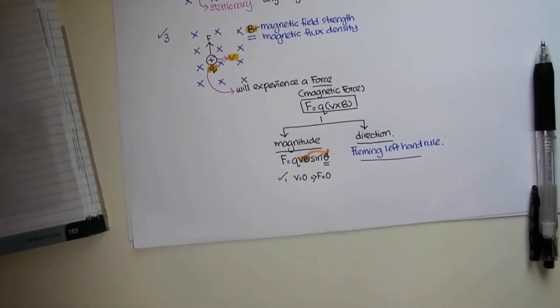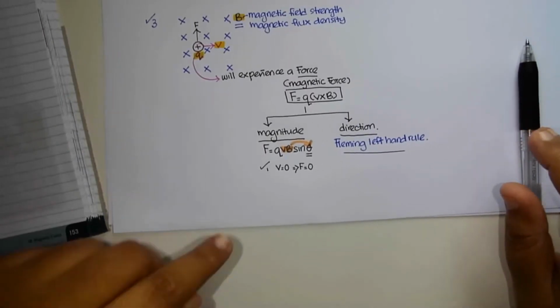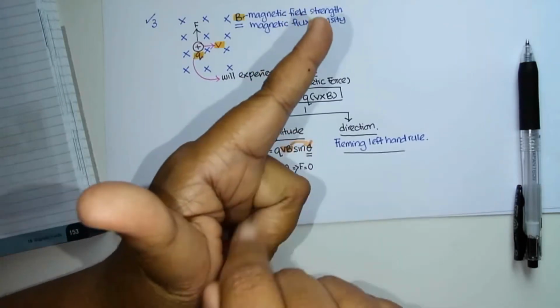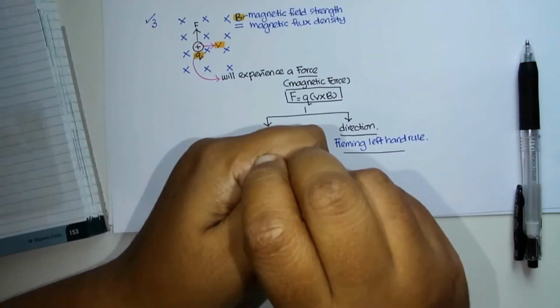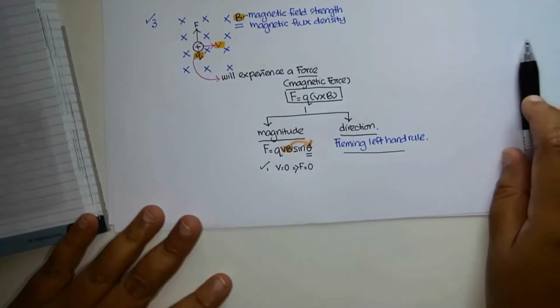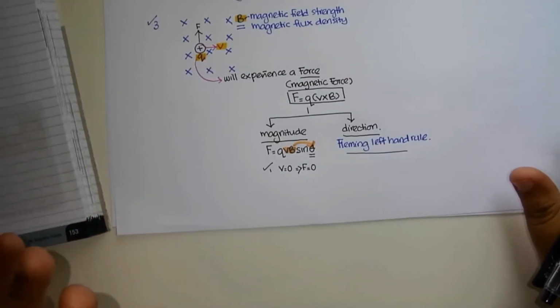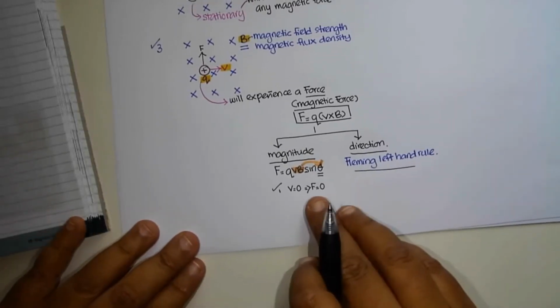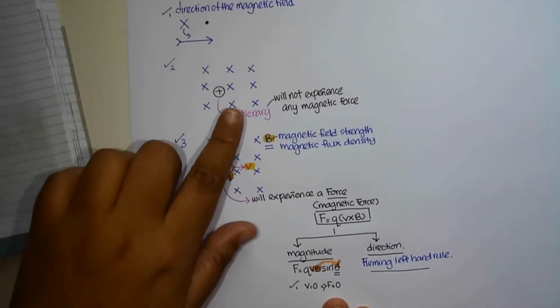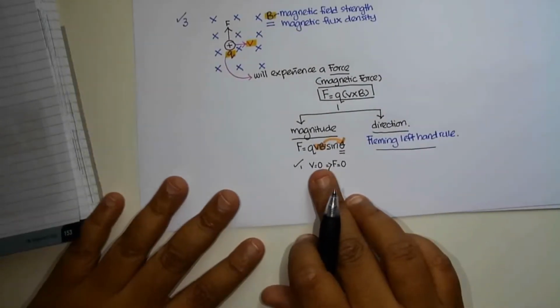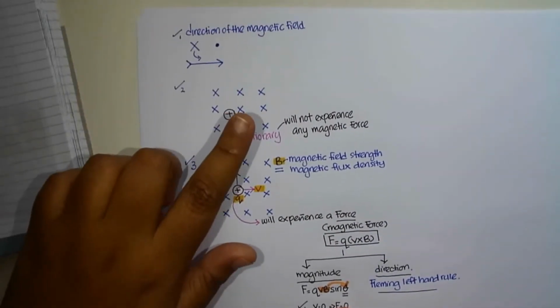Also, if you use Fleming's left hand rule, when there is no V, there is no F. That means no magnetic force acts on a charge that is stationary in a magnetic field. So that is number 1, support point number 2.